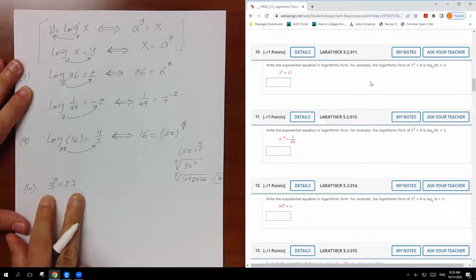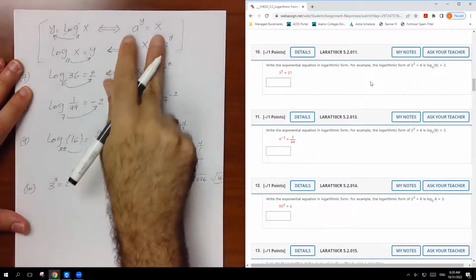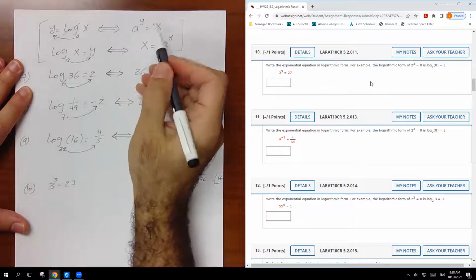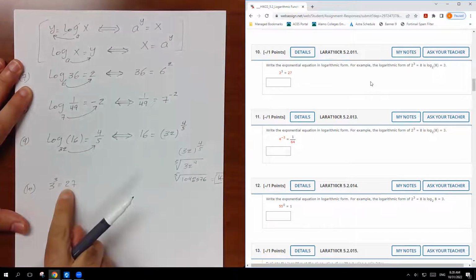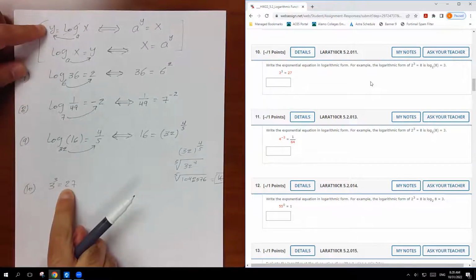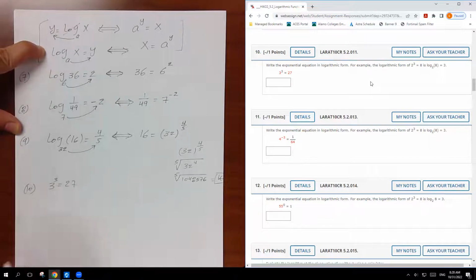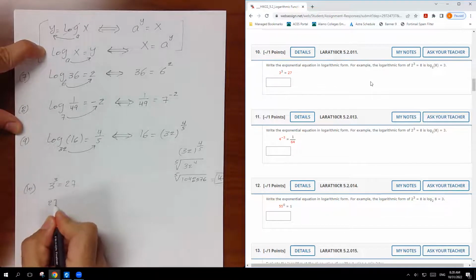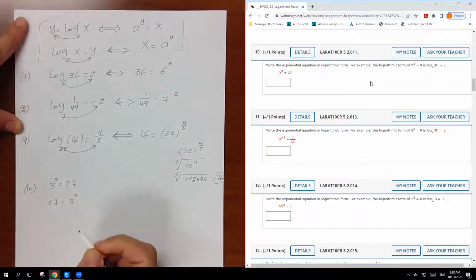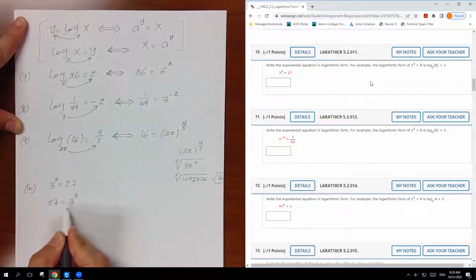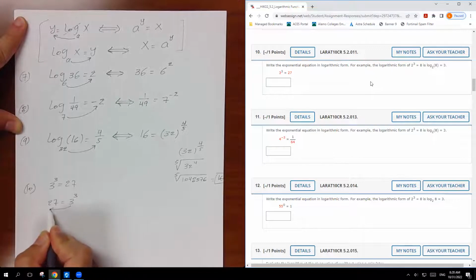So look, this one is exactly the same thing here. This is the 3, and here is the y, and here is 27. If you want to use this one, which is exactly the same thing, flip these two numbers. You can say 27 equals 3 cubed, so you're not going to get confused. Now here is the base. I'm going to bring back the base here.